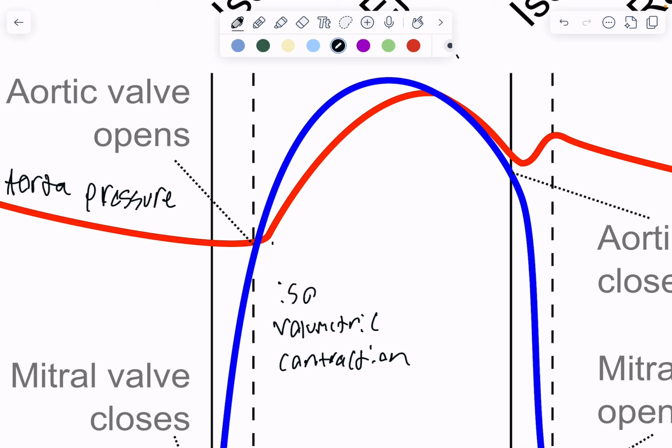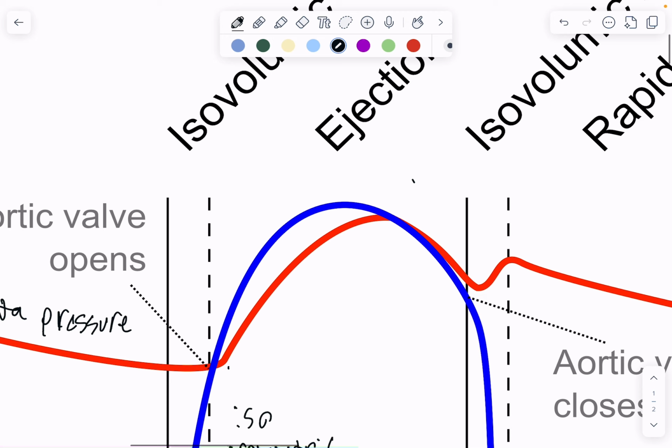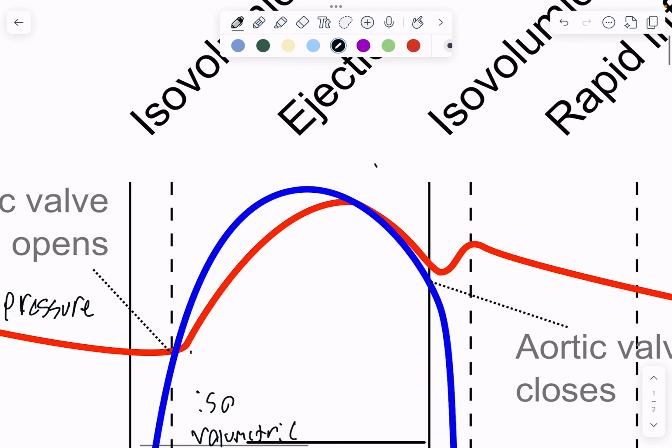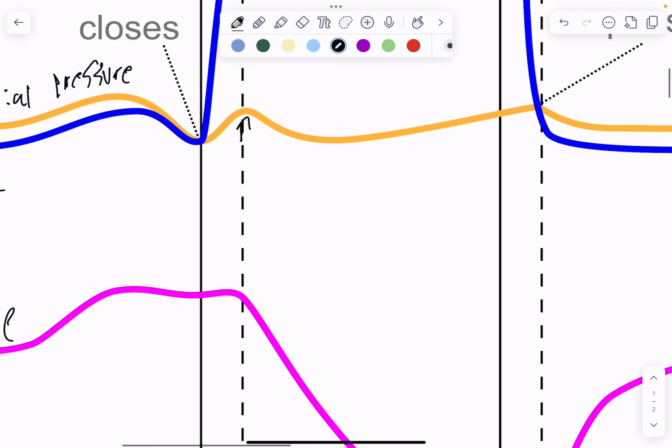So this is actually aorta pressure. Aortic pressure also increases because the blood is flowing into the aorta, causing increased pressure. And both of them reach a kind of apex up here, where they continue contracting, and we can prove that down here.